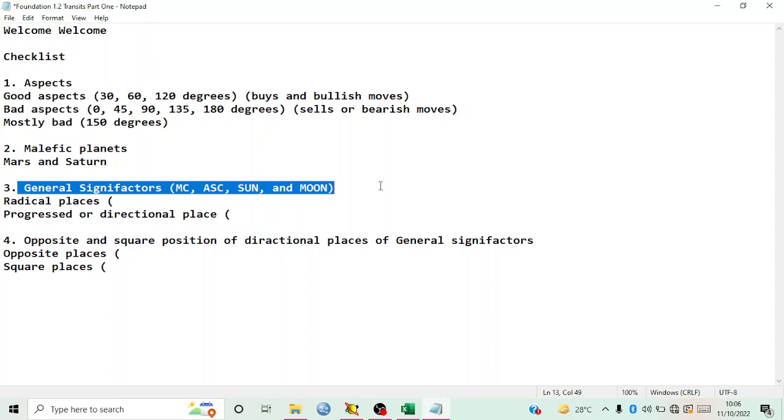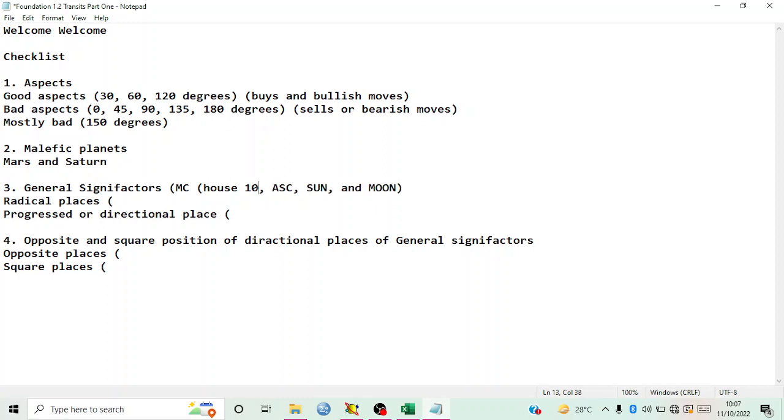The general sign factors are the MC, or midheaven, which again I've said is house 10, and the ascendant, which is house 1, and then we also have the sun and the moon.